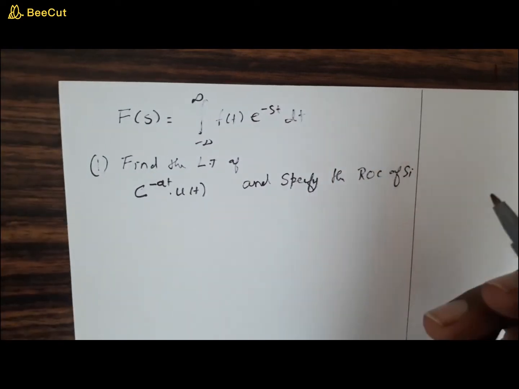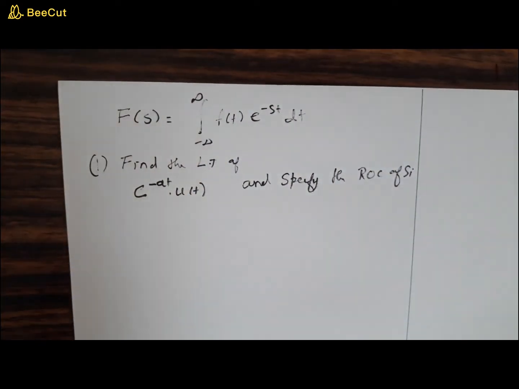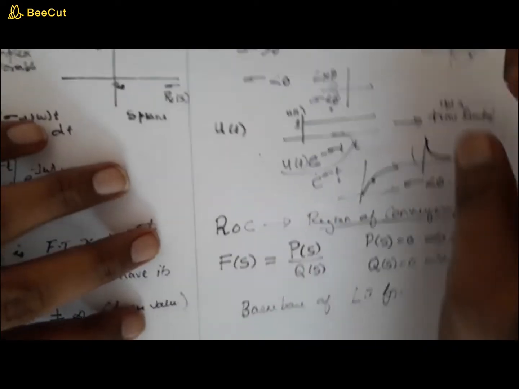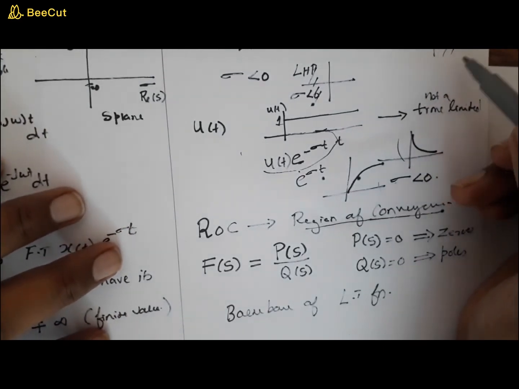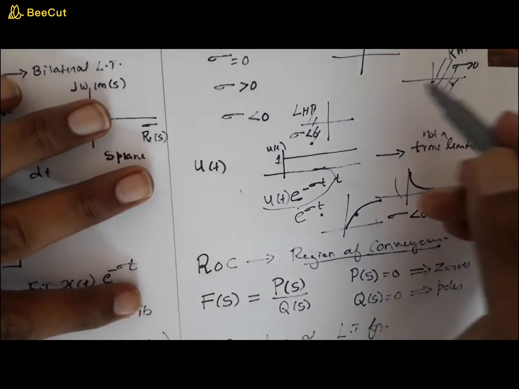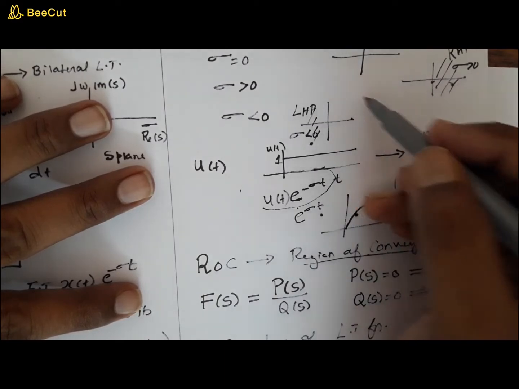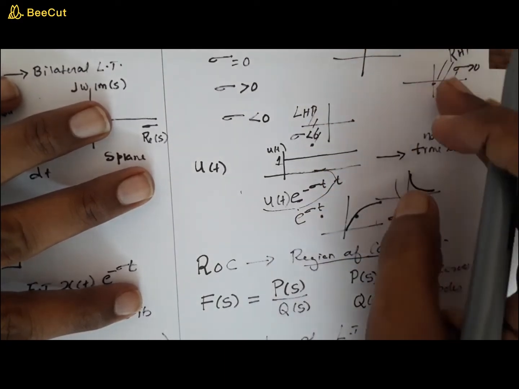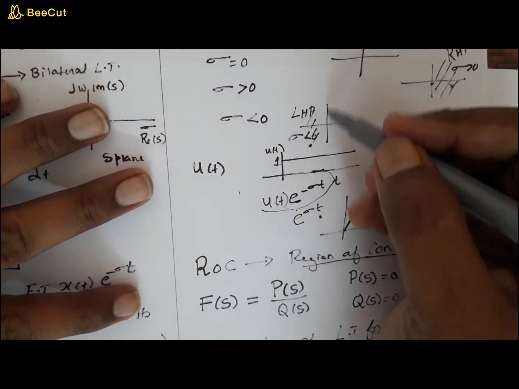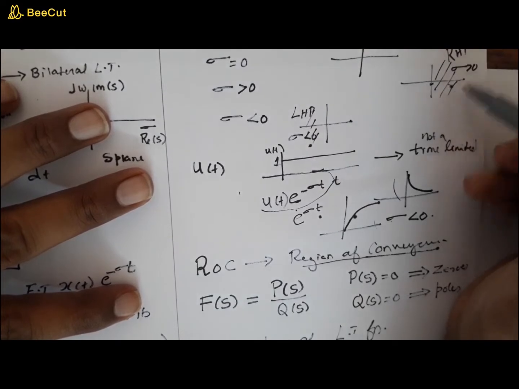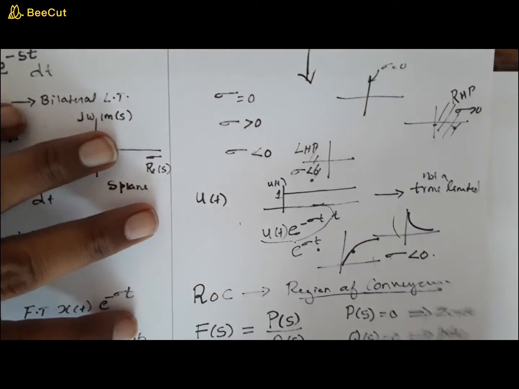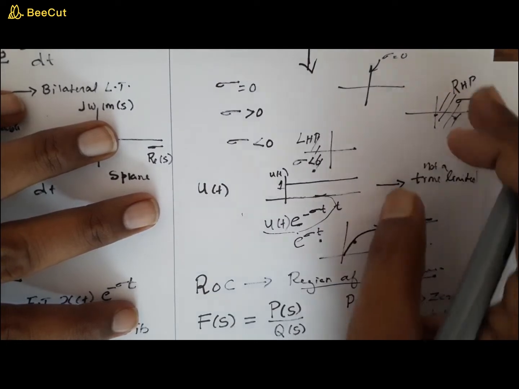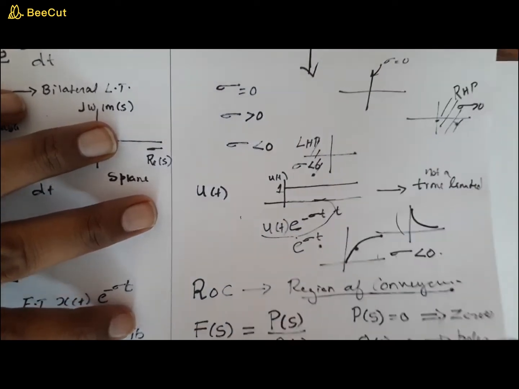You must understand that for any signal, the Laplace transform will exist, but it is not necessary that it exists in the whole S plane. It may be along the imaginary axis, or along the right half plane, or along the left half plane, or a combination of left half and right half. We will be doing such problems. So anyway, this is a question.